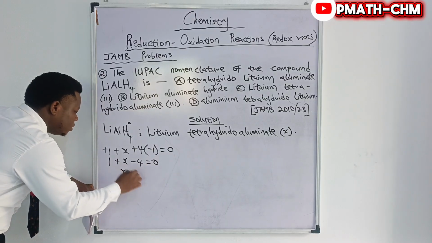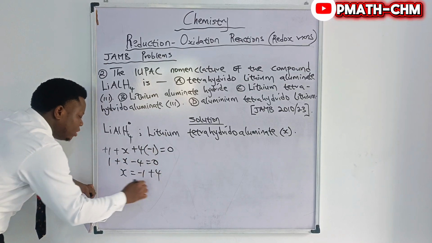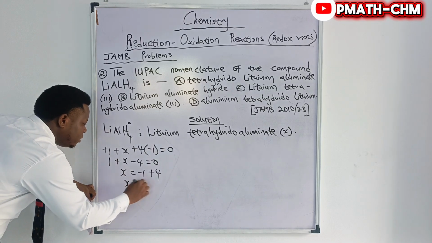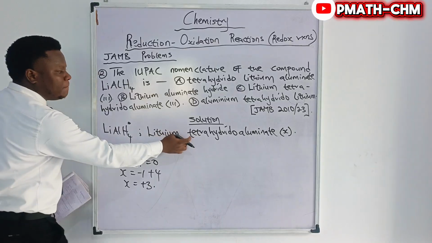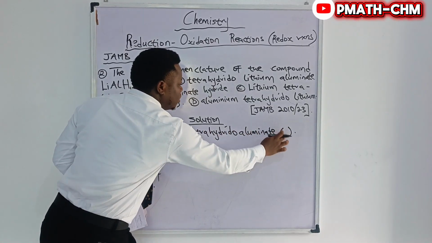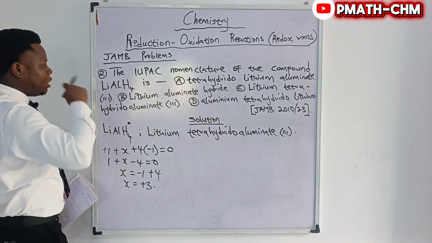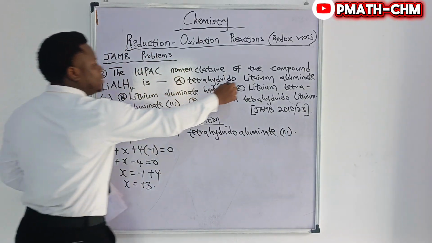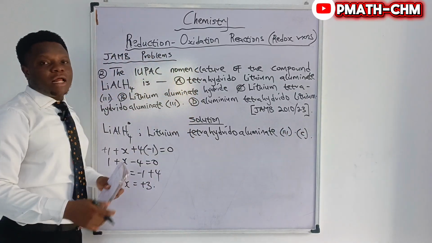So X will be equal to 1 crosses to become -1, -4 crosses to become +4. So X becomes plus what? +3. So we can now say the name of the compound is what? Lithium tetrahydroaluminate. This is your X now. I've calculated it to be 3. Then you look for your correct option. I think that is option C. So that is how you solve a problem like this.